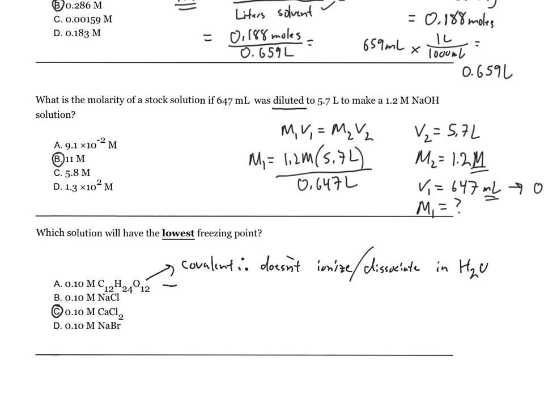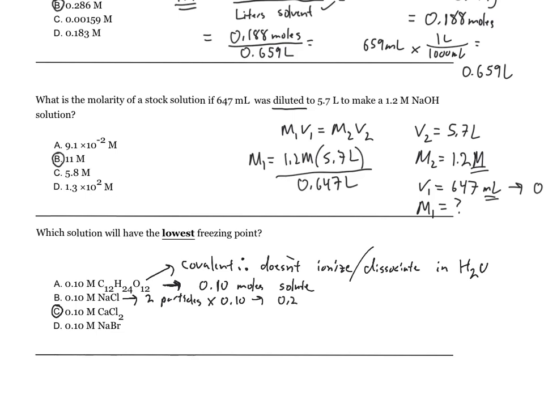So this would only have 0.10 moles of solute. Same number as is. Sodium chloride would dissolve into 2 particles, so that would be times 0.10.